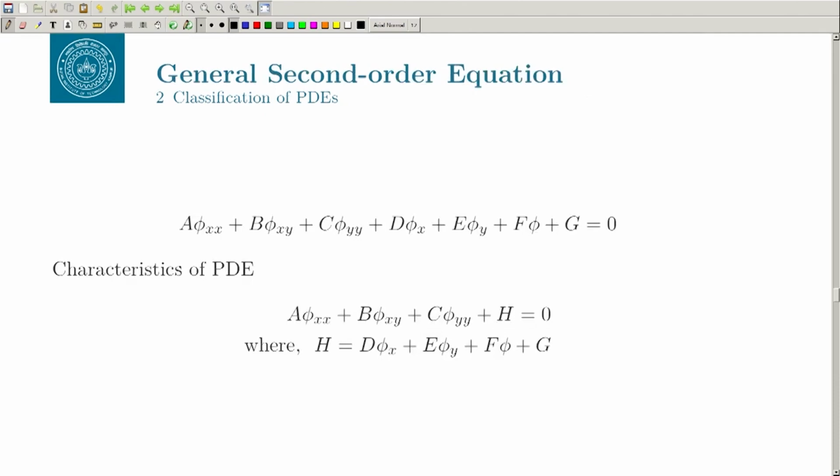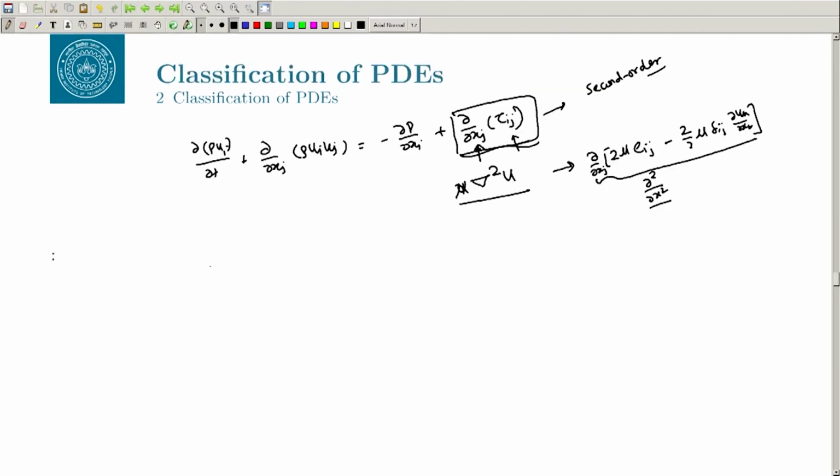So, the general equation we have is, let me write it here, okay, we have A phi_xx plus B phi_xy plus C phi_yy plus D phi_x plus E phi_y plus F phi plus G equal to 0.